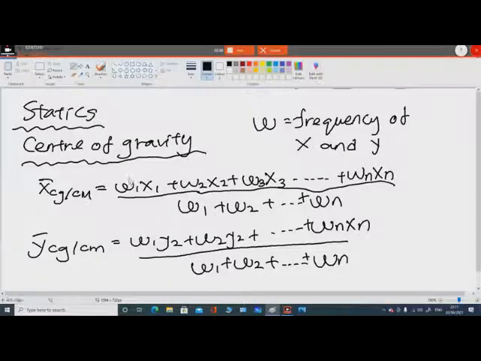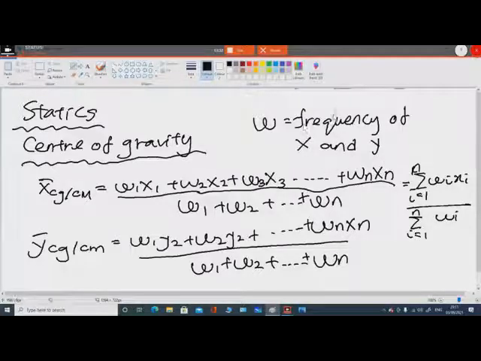So this frequency times x1 plus this frequency times x2 and so on, divided by all the frequencies, and usually we simplify it as the sum of wi xi divided by the sum of wi, where i goes from 1 to n.